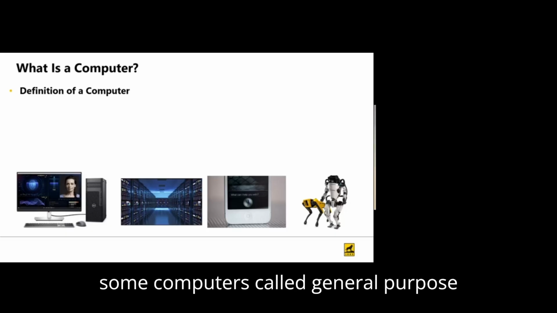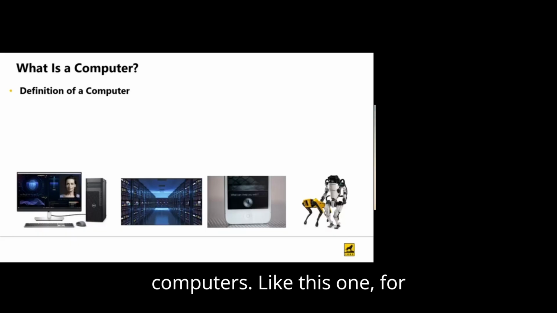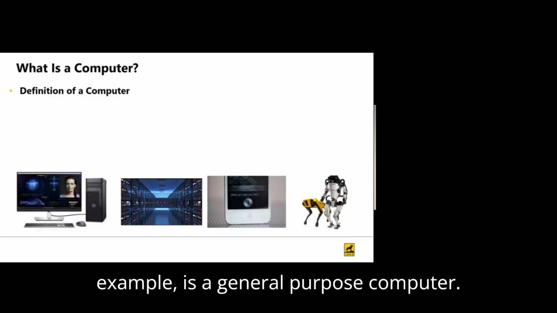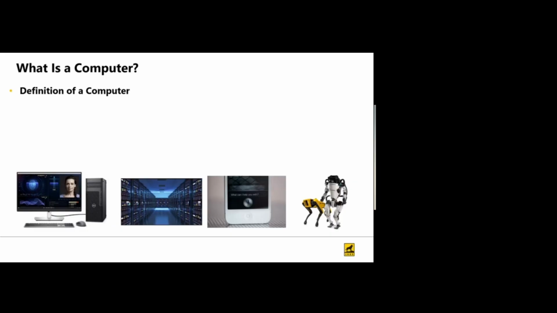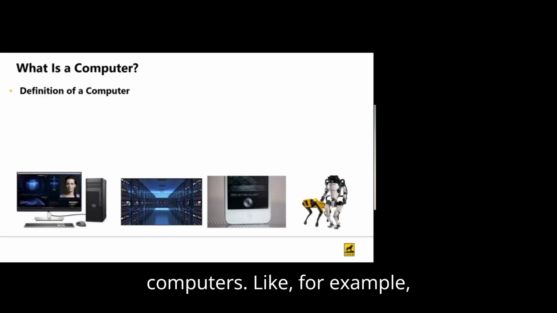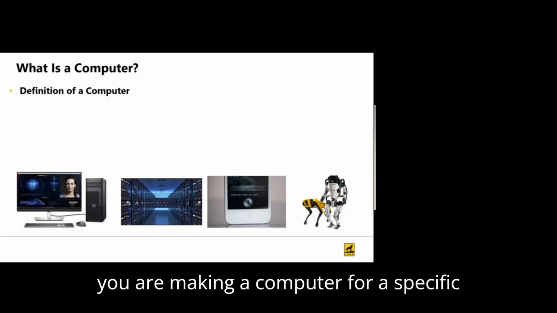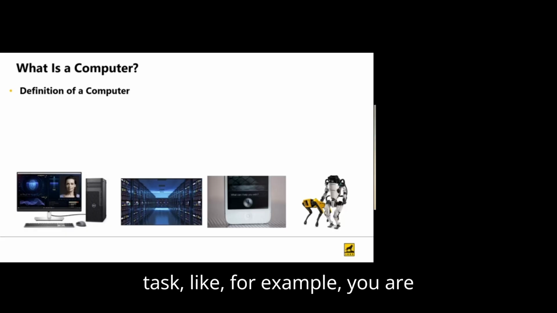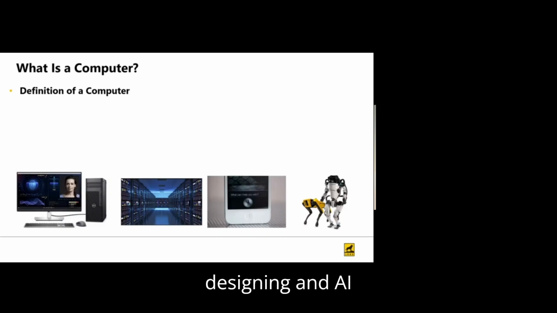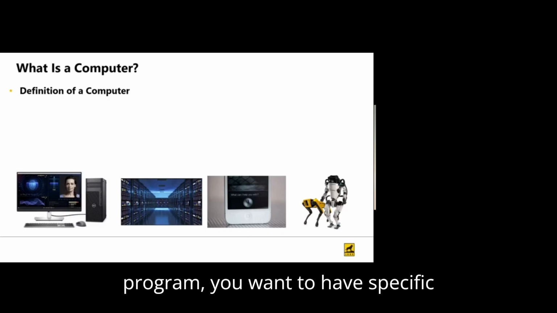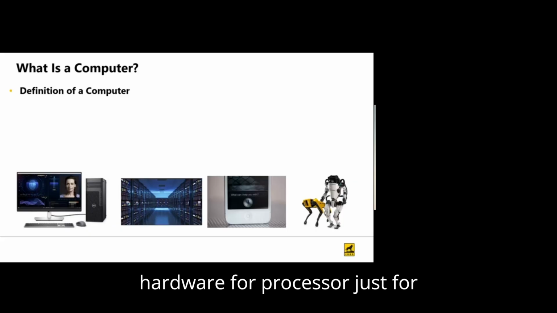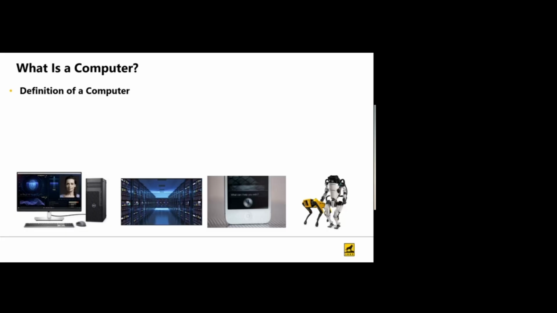Some are called general purpose computers, like this one, for example. But some computers are special purpose computers. For example, you are making a computer for a specific task, like designing an AI program. You want to have a specific hardware or processor just for processing that specific task.